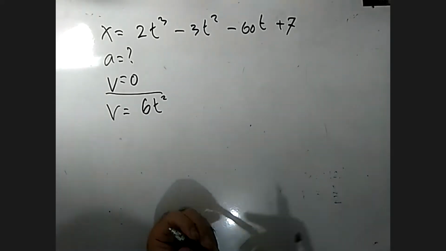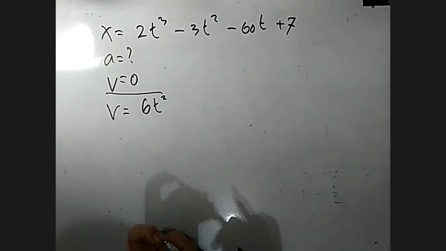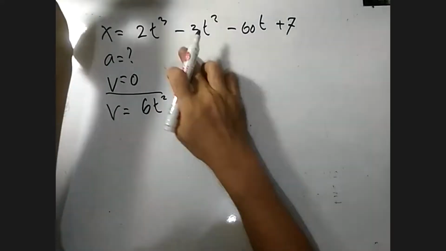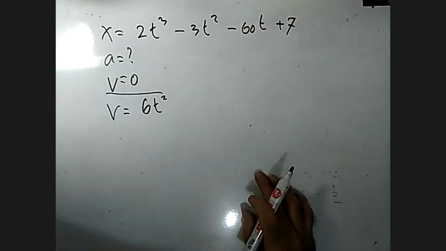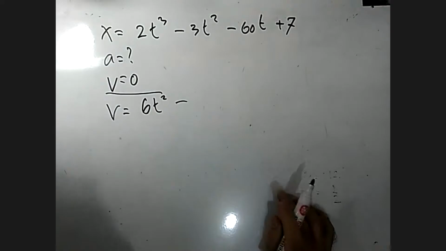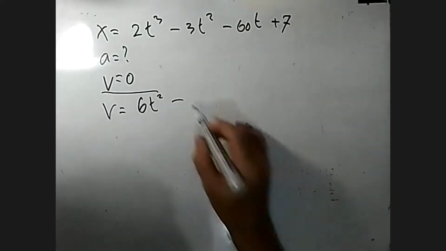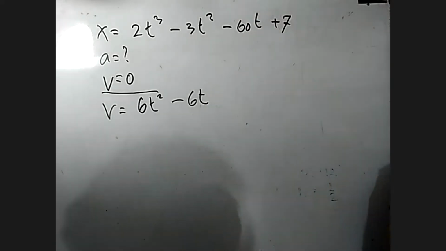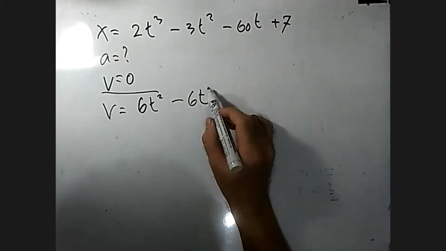Okay, and then? What about the minus 3t squared? Negative 60. Okay, to the power of? Negative 60. Yeah, to the power of what?